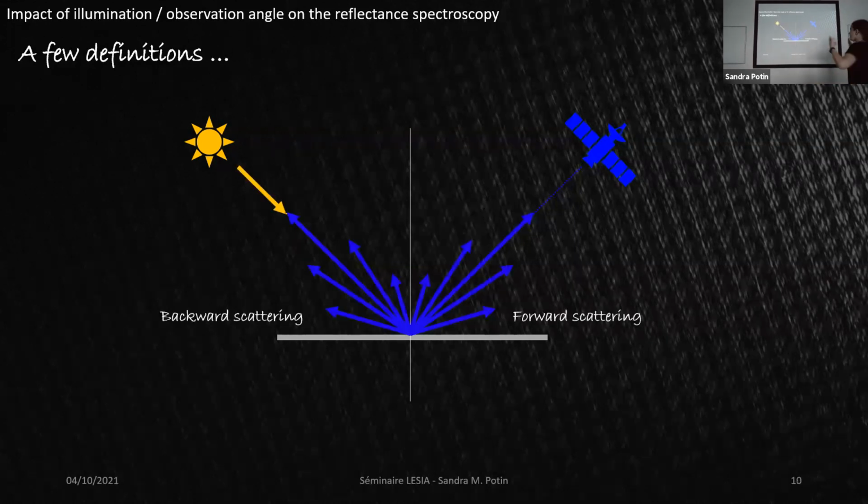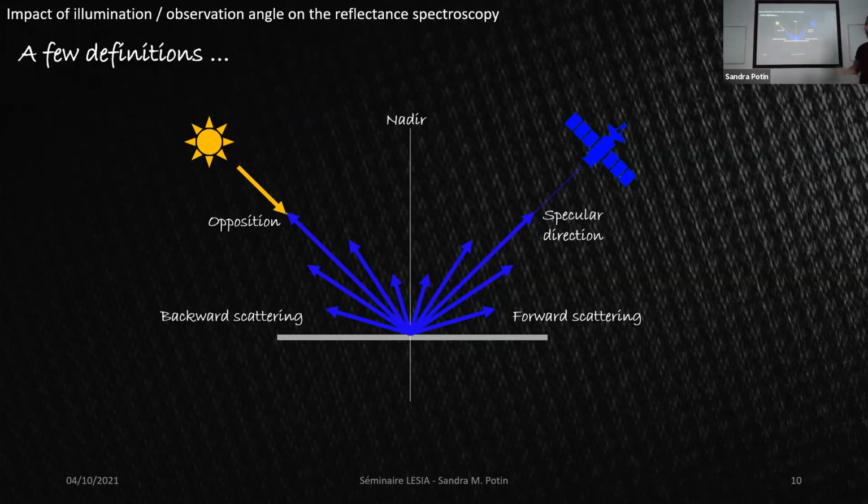The light will scatter off the photons and will reflect the light, and we see two different surges of reflectance, what we call the backward scattering and what we call the forward scattering. So we have two blobs of reflectance, one in the direction of illumination and the other one in the forward direction. We have several specific directions. First, it's the opposition.